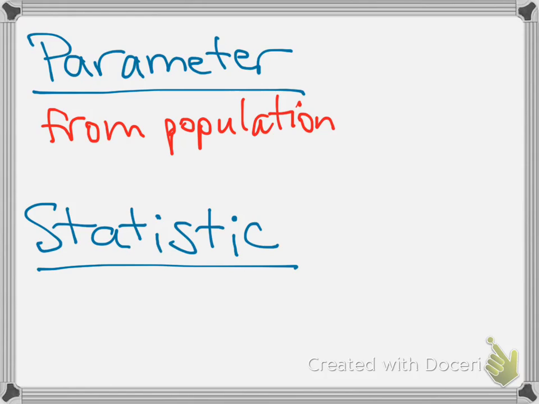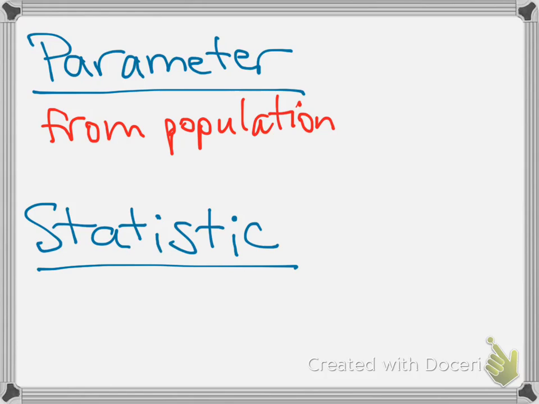So we could be considering the population of all of the adults in the U.S. We might want to make some inference about that population. So a parameter is going to represent the actual value for that entire population. A parameter is not actually something that you can calculate because your population is most likely so large.